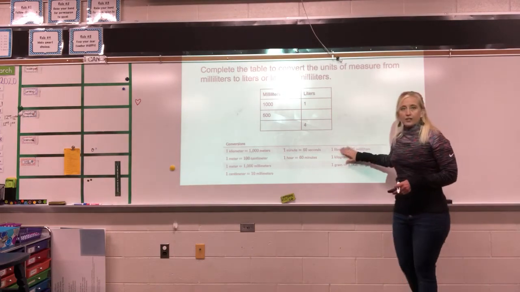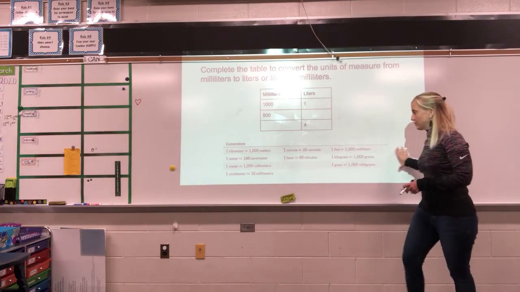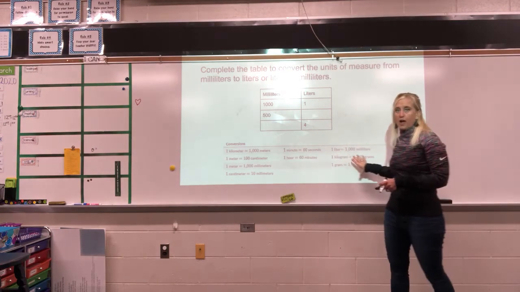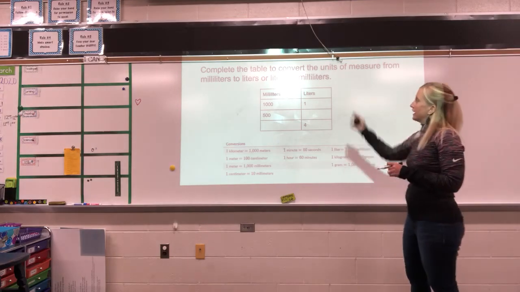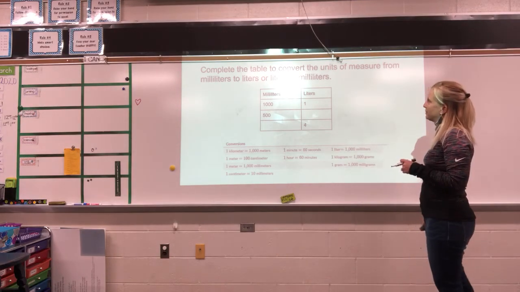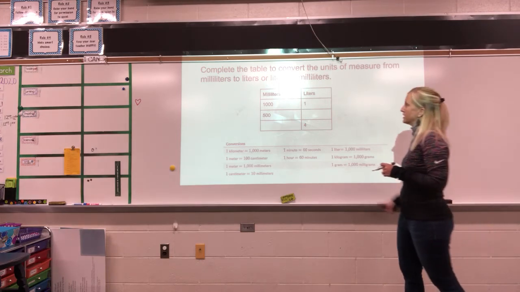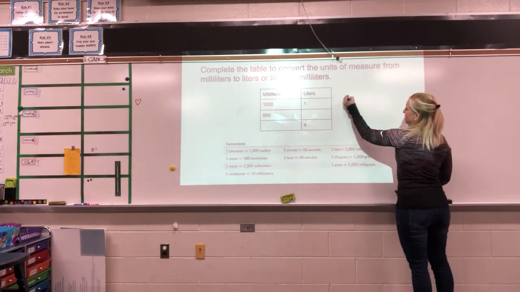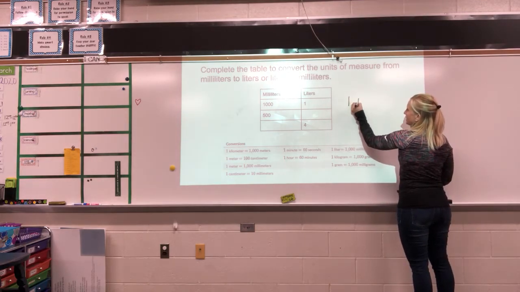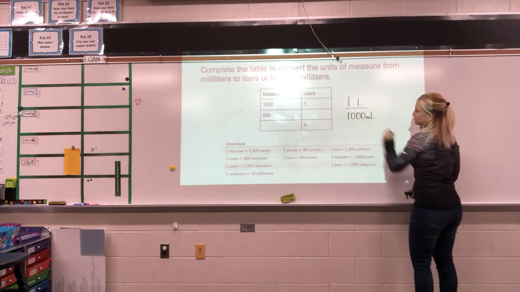So down here, I don't know if you're going to be able to see it on the video, but in Khan Academy, they give you this chart to refer to so that you have this if you want to. You just have to click to show a chart. So if we work on this one to complete the table to convert the units of measure from milliliters to liters or liters to milliliters, I'm going to do that same thing that I've been doing. They tell me that 1 liter is 1,000 milliliters.